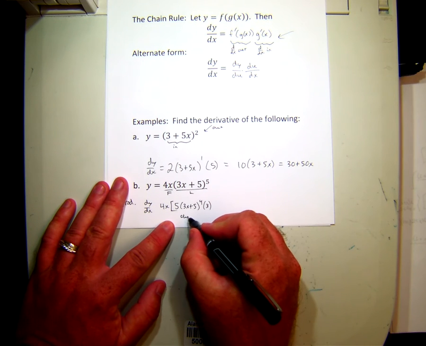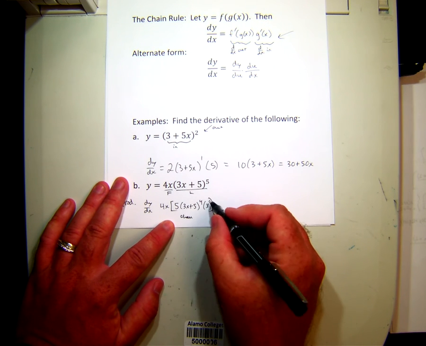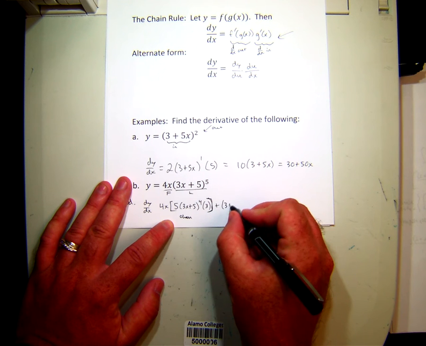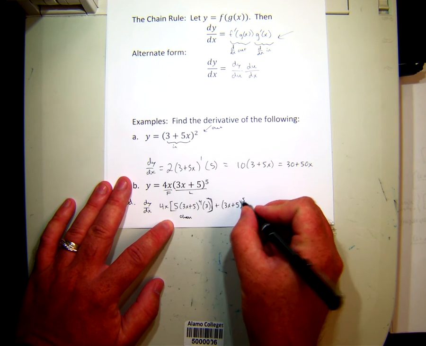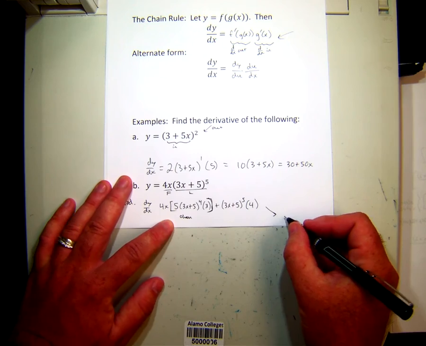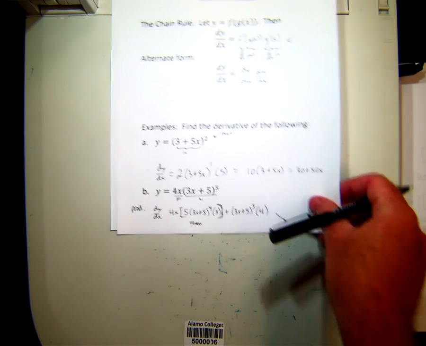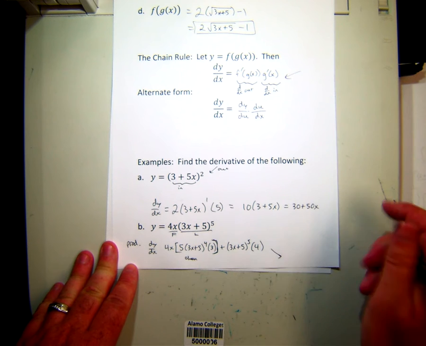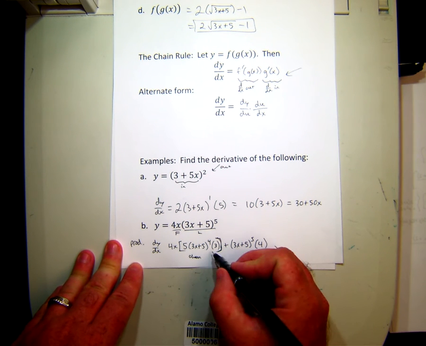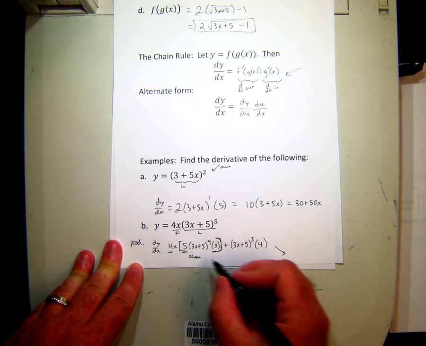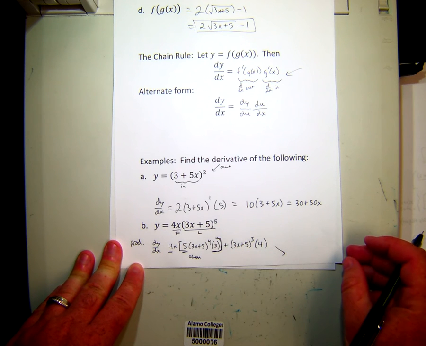So the chain rule, first times derivative of the last plus the last times derivative of the first. I'm going to leave the simplifying to you only because I'm running out of room quickly on this. It looks much more complicated than it is. You multiply all your constants together and it simplifies rather quickly.